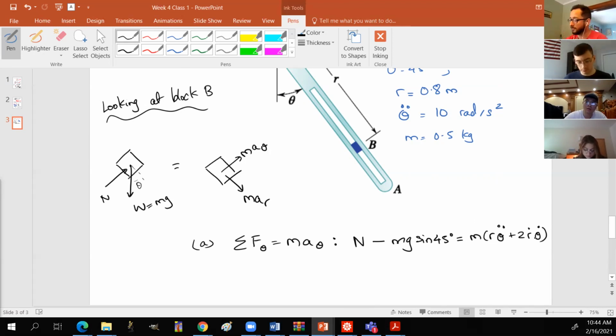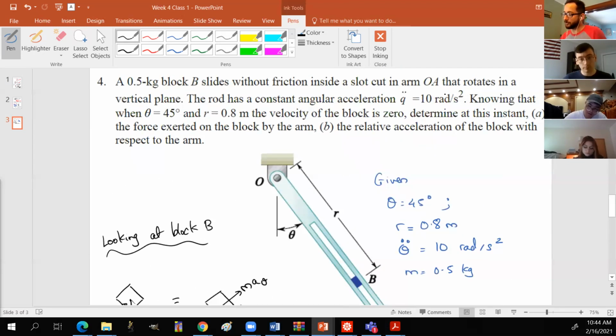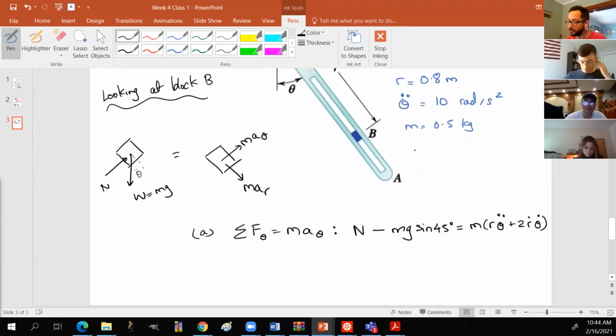So here, the trick is, we're given theta double dot, but what is r dot and theta dot? It's given in the problem. Because we know that when theta is equal to 45 degrees, the velocity of the block is equal to 0. So we know that at this instant the velocity is 0, and the only way it can be 0 is if all your components are 0.